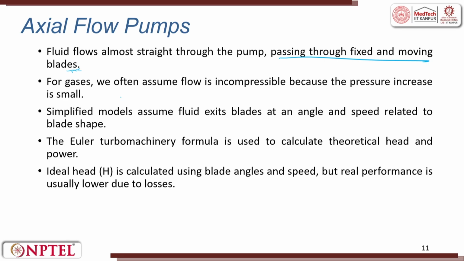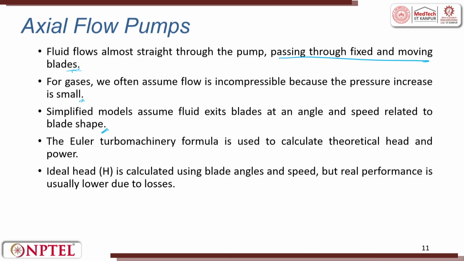For gases, we often assume flow is incompressible because the pressure increase is small. Simplified models assume fluid exits blade at an angle and speed related to the blade speed rotation.